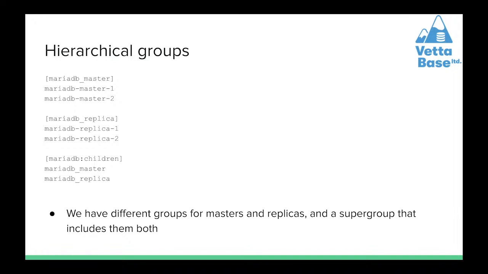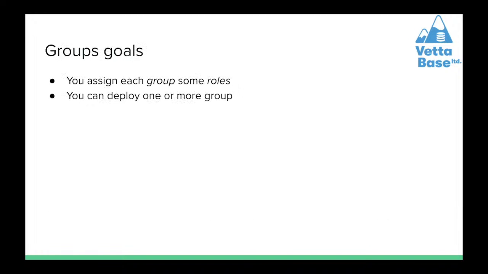Groups can be hierarchical, so you can see some groups here. You can see that we have MariaDB master, MariaDB replica, and then we have a supergroup called MariaDB. We specify that the children of this group are MariaDB master and MariaDB replica. So what are the goals of a group?